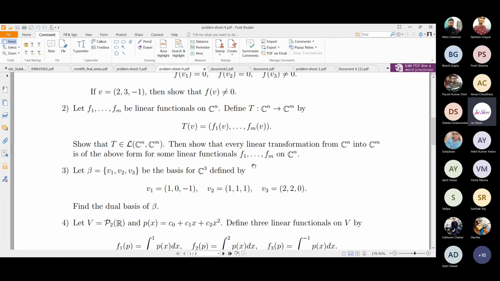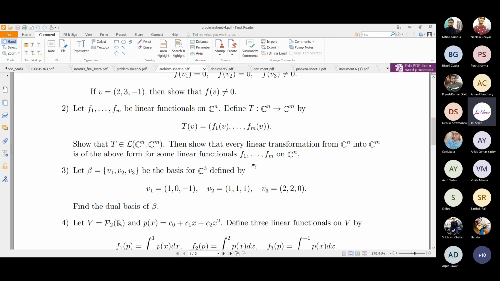We take w as w1 to wm. Then we will show that this vector w1 to wm is equal to the vector f1 of v to fm of v. Then we will prove it. Then it will be automatically proven that every linear transformation from Cn to Cm is of the given form.